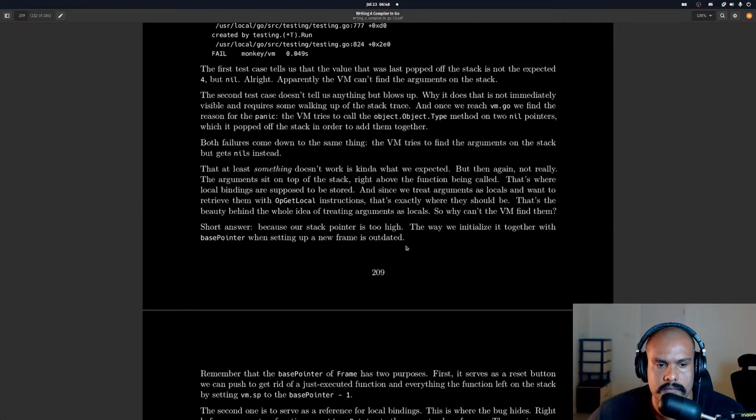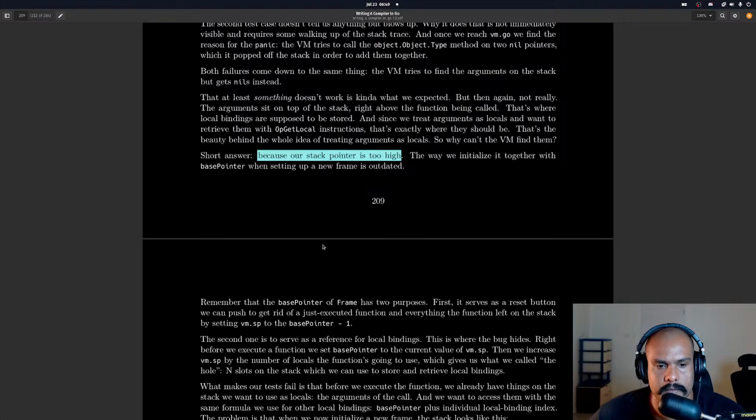Because our stack pointer is too high. The way we initialize it together with the base pointer when setting up a new frame is outdated.